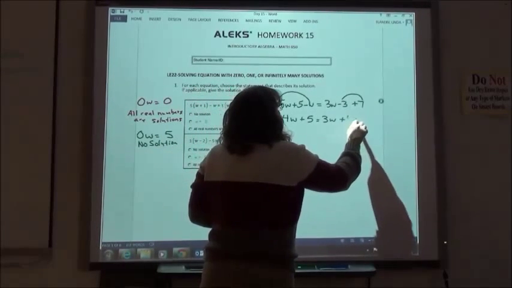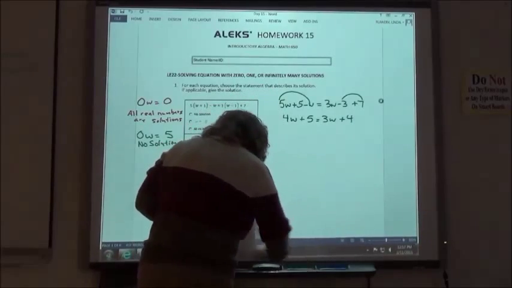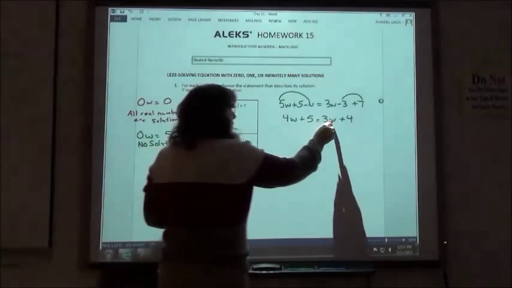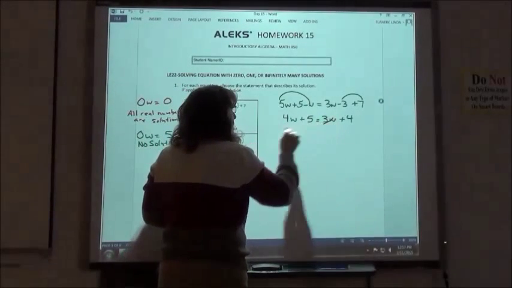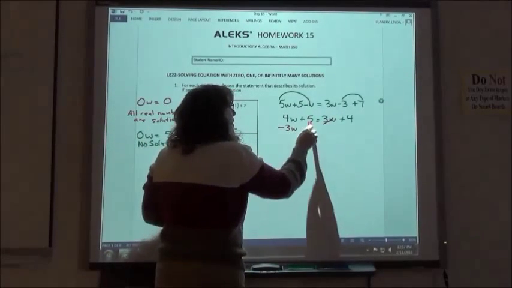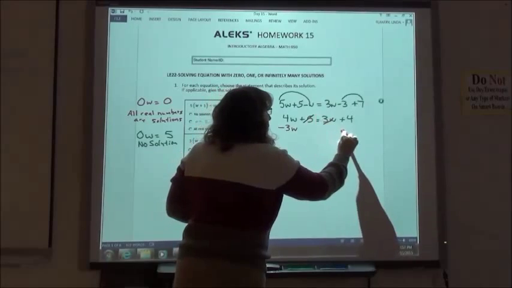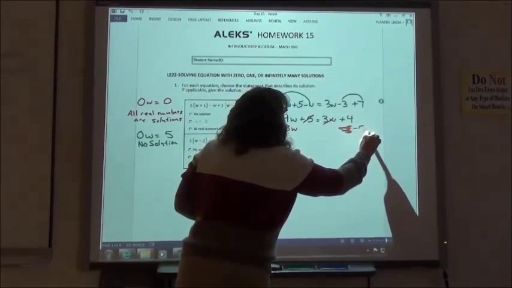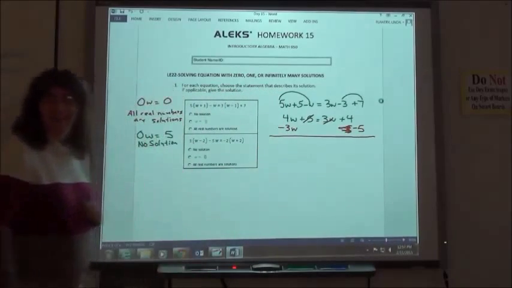So now we have two terms on both sides, we're going to rearrange it. We got to move our 3w over here, it's going to be a minus 3w. Going to move our 5 over there, it's going to be a minus 5.